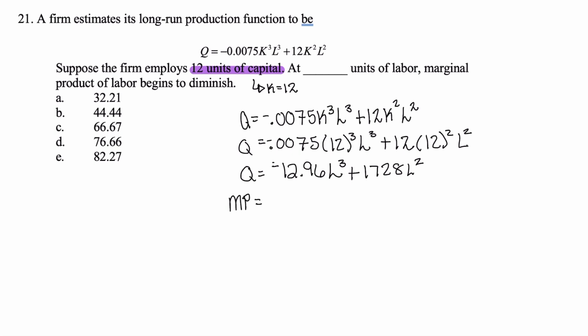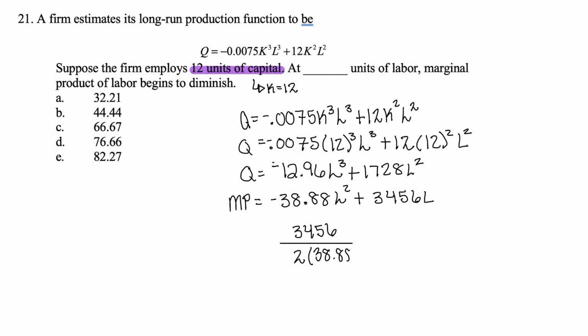So we're taking the partial derivative of this output, and we are going to get negative 38.88 L squared plus 3,456 L. And then you're going to find the maximum of that. So we're going to take the number in front of the L, 3,456, divided by 2 times the number in front of L squared, which is 38.88, which gives us 44.44.